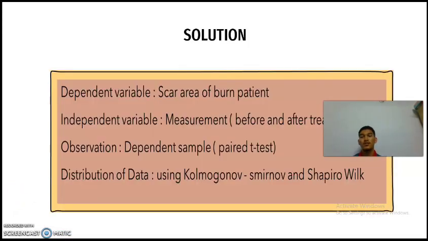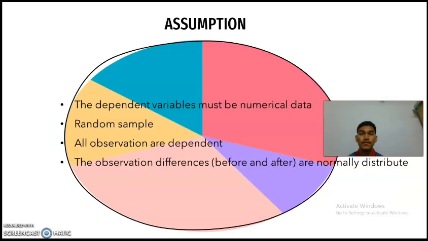Next, the solution. The dependent variable is the scar area of the burn patient. The independent variable is the measurement before and after treatment. For the observation, dependent samples, we use a paired t-test. For the distribution of data, we use Kolmogorov-Smirnov and Shapiro-Wilk.